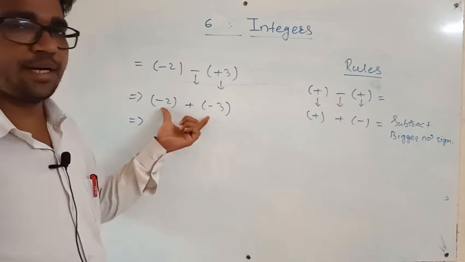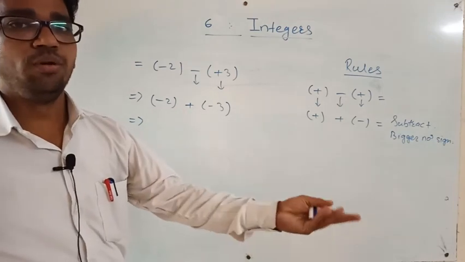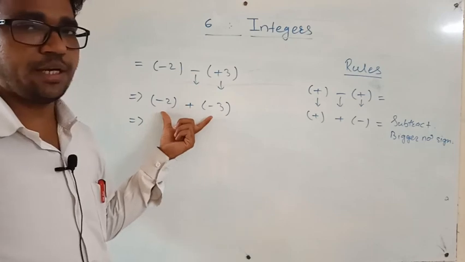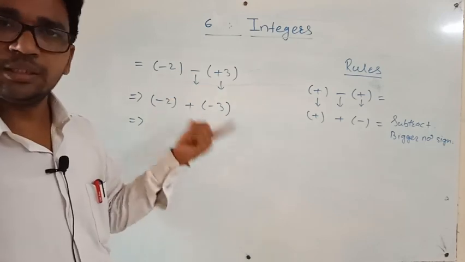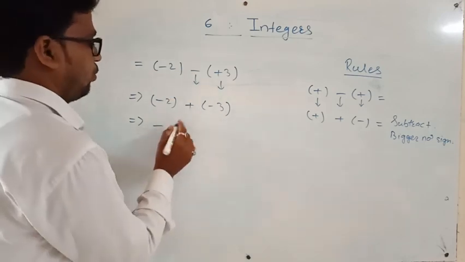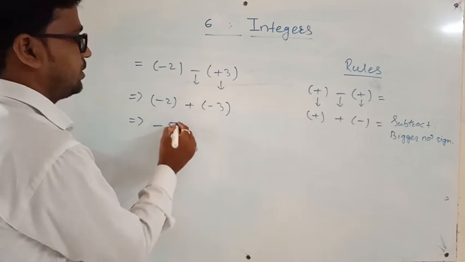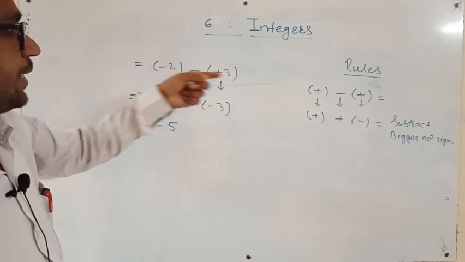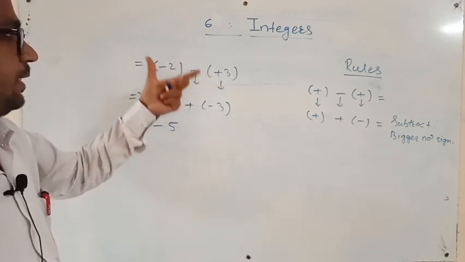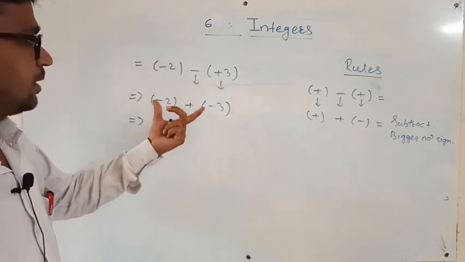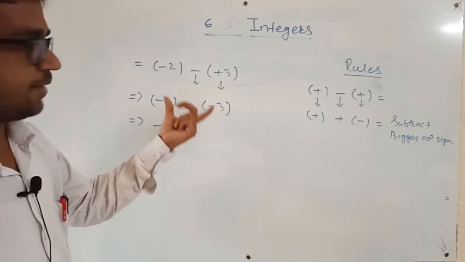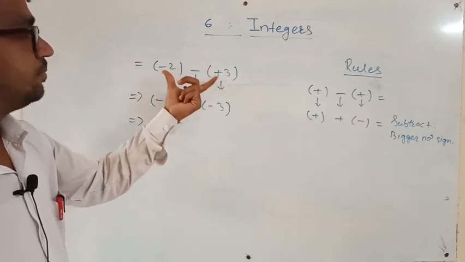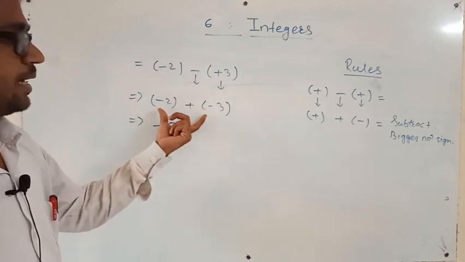If both the numbers are negative, then in the addition rule, what is the rule? If both the numbers are negative, then add them and give the negative sign. So 3 plus 2 is 5. It is negative 5. So if the first number is negative and another is positive, then the method is the same in subtraction. First method is same, but another is changed.